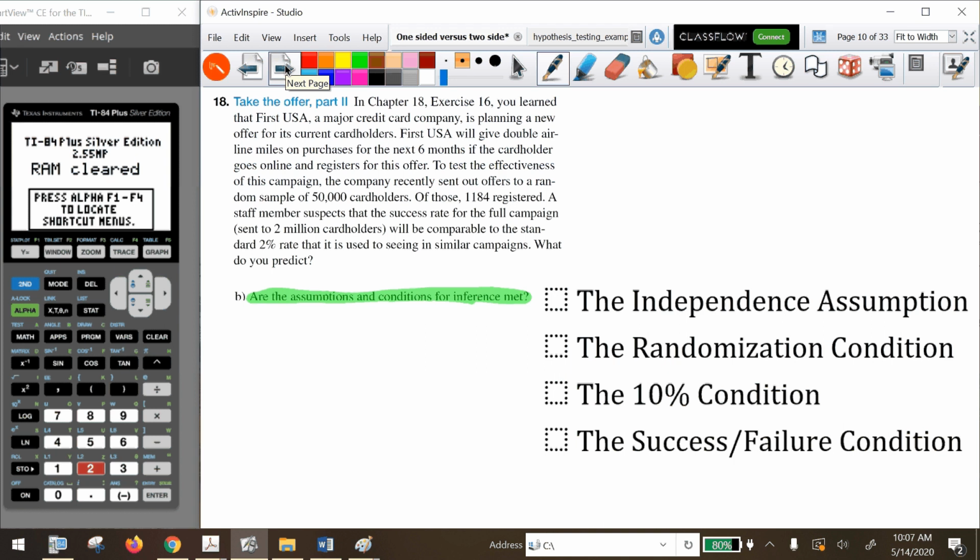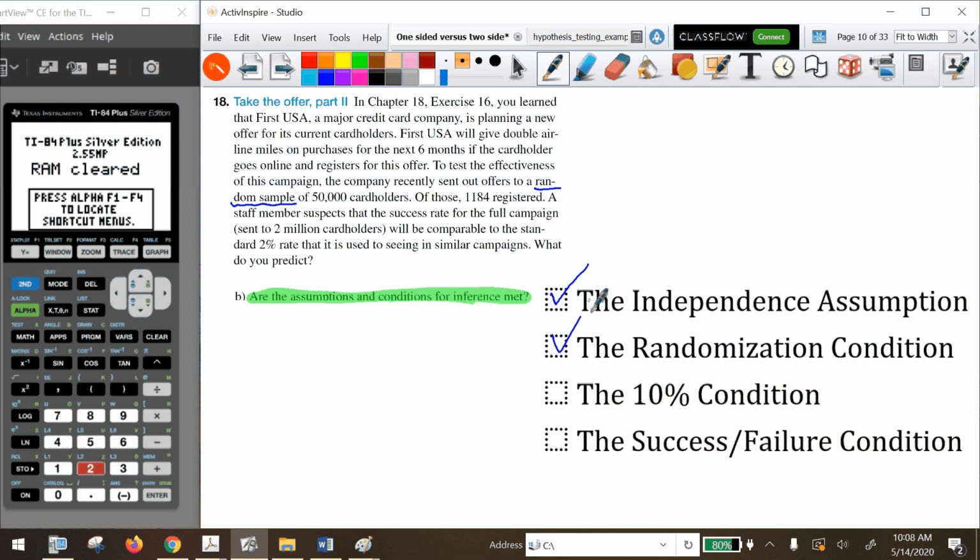Can we assume that each person's likelihood of accepting the offer is independent of the other person? Yes. Their decision should not depend on whether or not somebody's accepted the offer. The randomization condition, is that met? In fact, it does say that they sent this offer out to a random sample of 50,000 cardholders. So yeah, that's met.